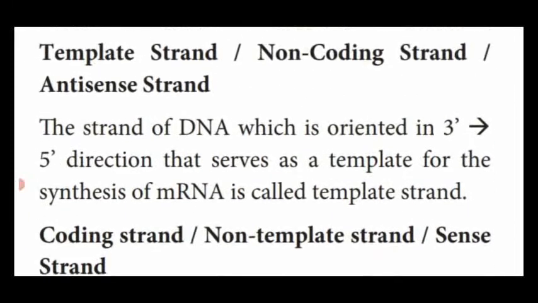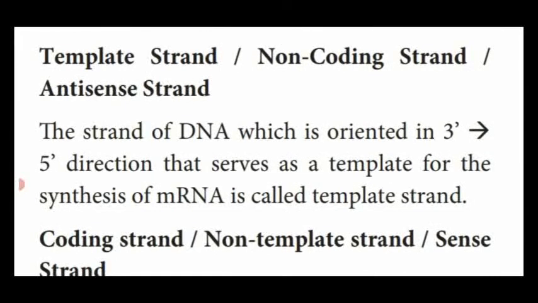After the unwinding of the DNA double-stranded helix, two strands are produced. One of the strands is the 3' to 5' strand, which acts as a template to produce the mRNA strand and is going to be transcribed.